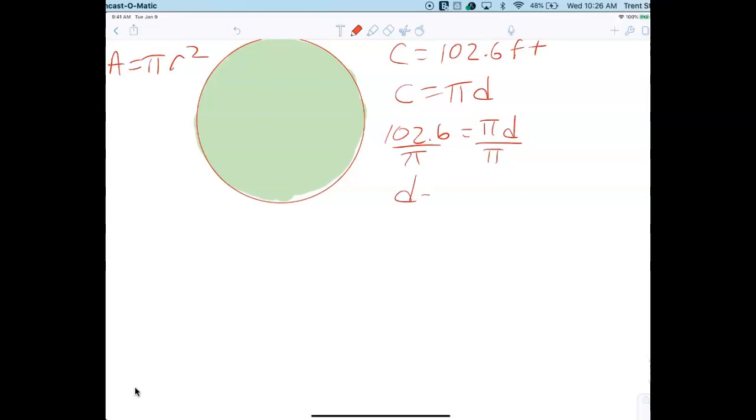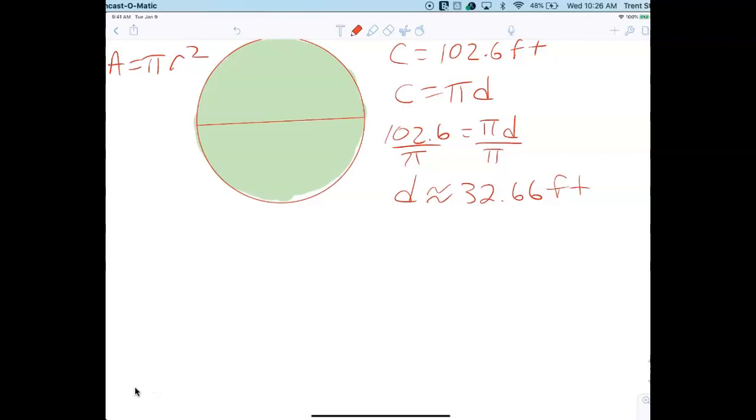So the diameter of that circle, you're allowed to tell me, is about what? It's about 32.66 feet. That's about the diameter. I don't need the diameter, I need the radius.